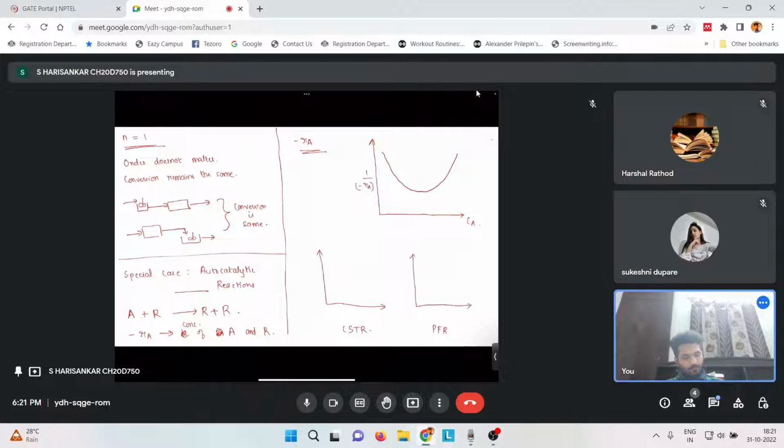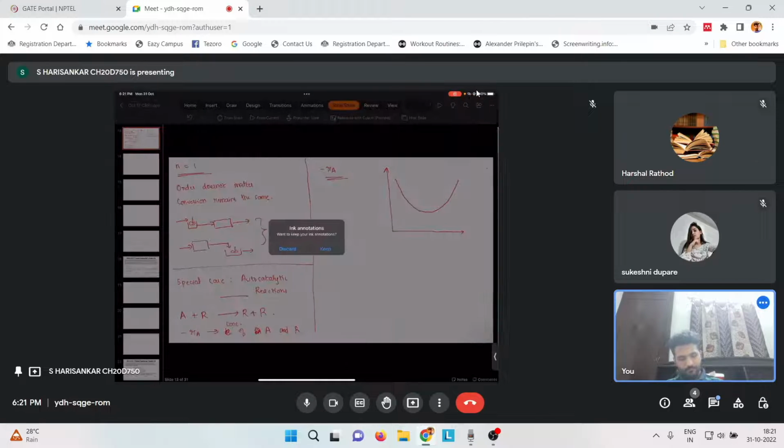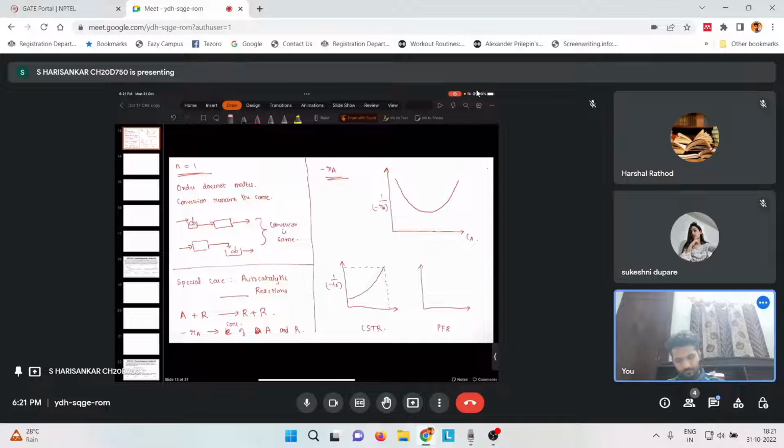For CSTR, we learned that the volume of the CSTR is basically the area of the box that encloses the curve.